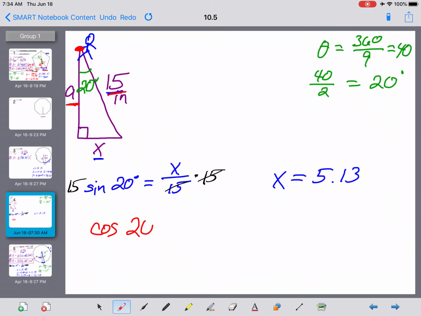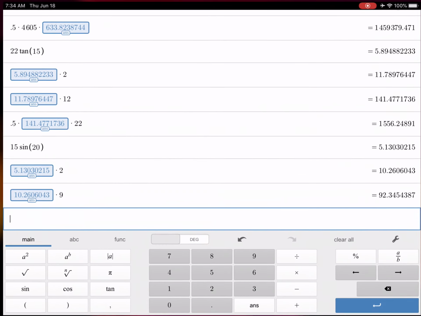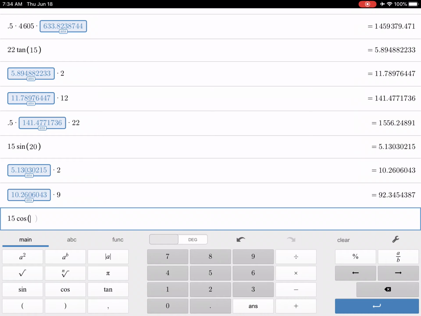So the cosine of 20 degrees is your adjacent leg, a, divided by your hypotenuse, which is 15. Well, just like on the last one, our variable's being divided by 15, so we'll multiply by 15 on both sides. Those 15s cancel, and we're going to get a is equal to 15 times the cosine of 20 degrees.